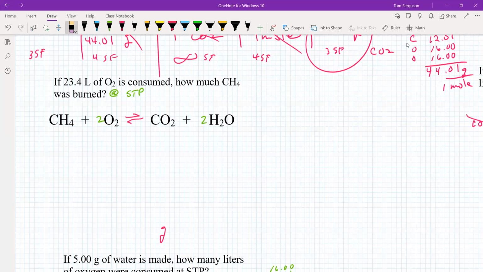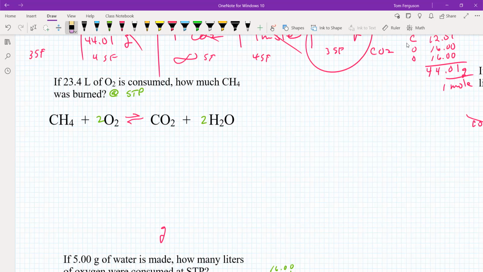Hence, the 22.4 liters per mole works. If it's not at standard temperature and pressure, you have to invoke something called the ideal gas law first, which is yet another equation. Complicates things. Okay, so 23 liters of oxygen is consumed. How much methane is burned?